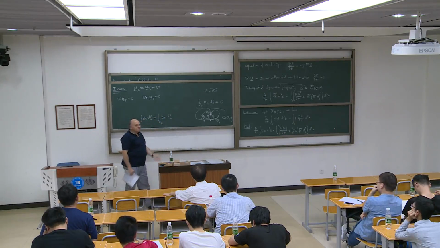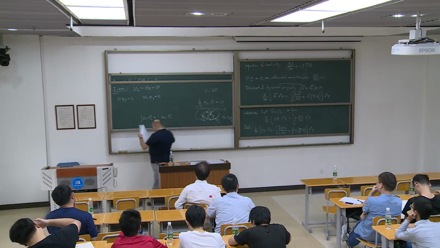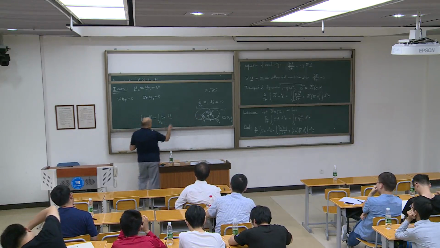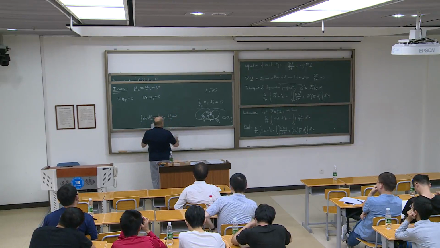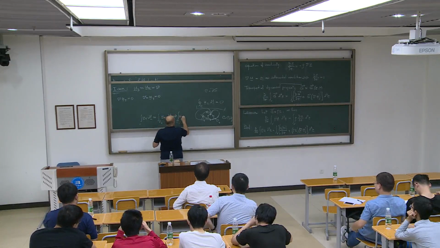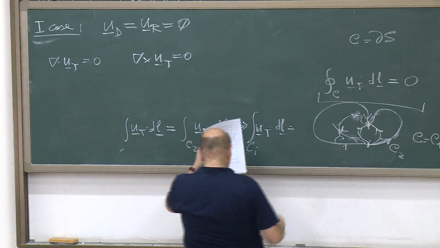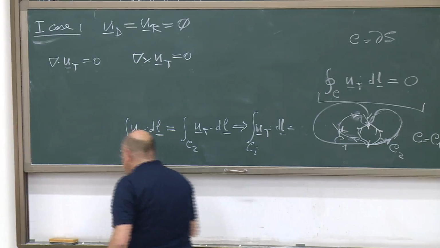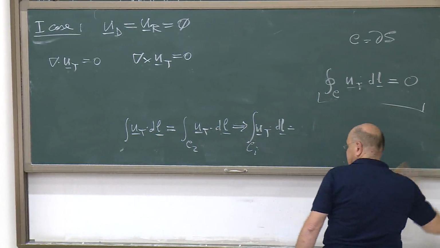This is important for topology. Okay, so if we do this, what they do in textbooks is to find the potential. It means that any circulation, any path integral of u·dl that you compute, can be written as a difference between two values, and this is the potential.